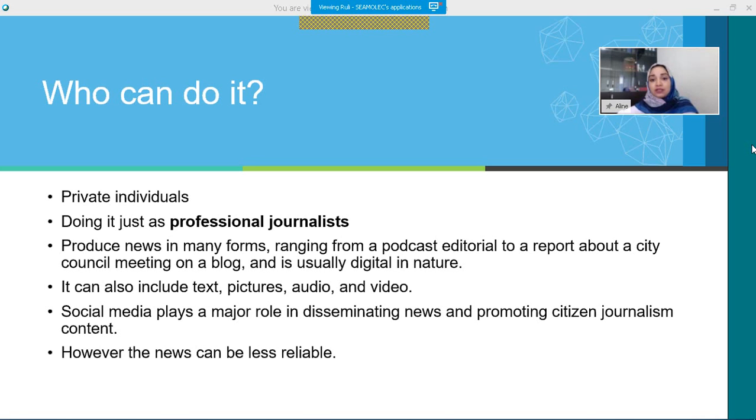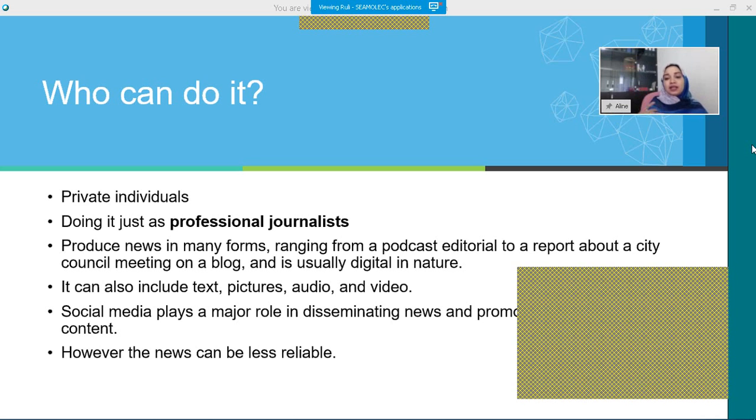These amateur journalists produce news in many forms, ranging from a podcast editorial to a report about a city council meeting on a blog, and it's usually digital in nature. So the form will be digital. That's why it can easily spread using the internet.